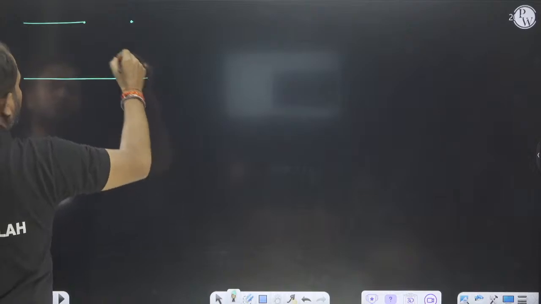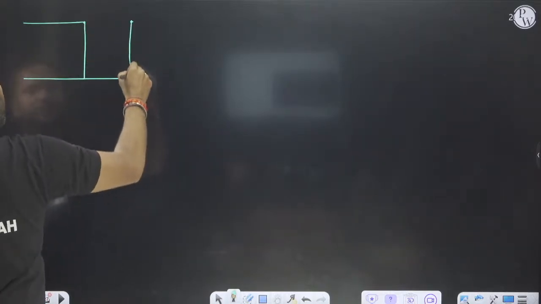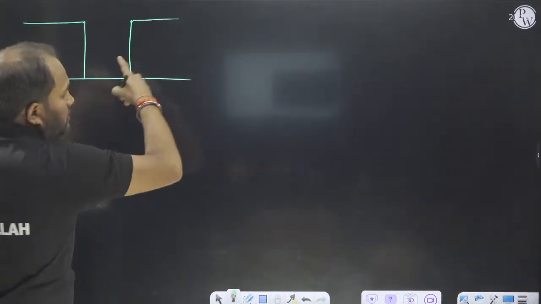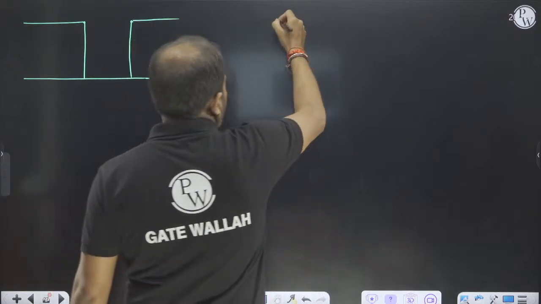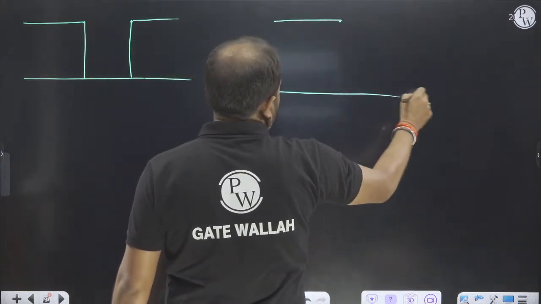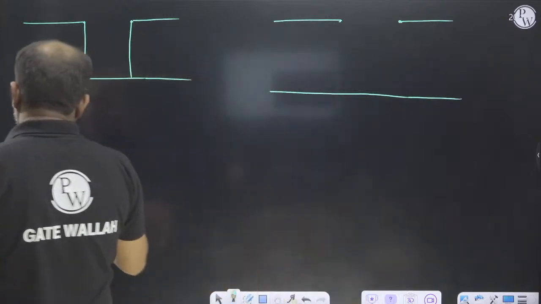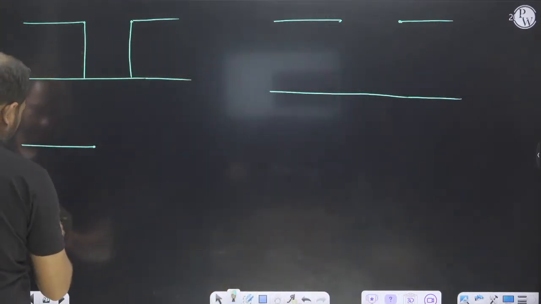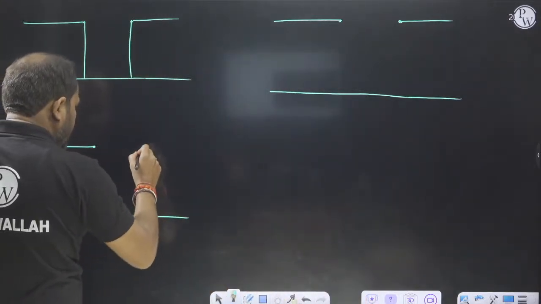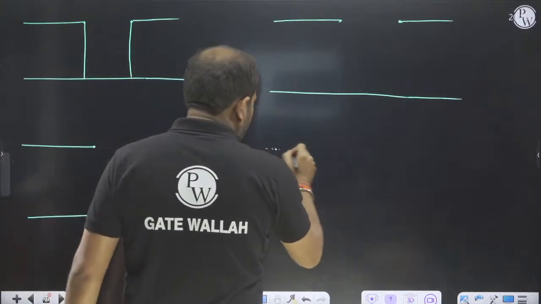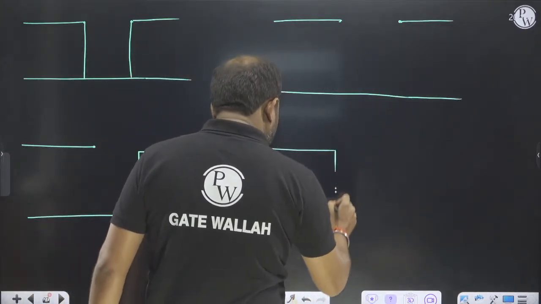Then the question will be given like this, so you have to understand which parameter is defined for this one. Short, series. This one is open, parallel. This one is open short, parallel series. This one is short open, series parallel.